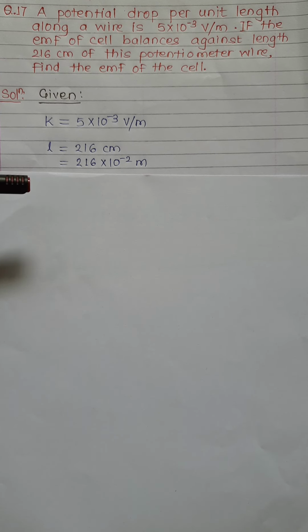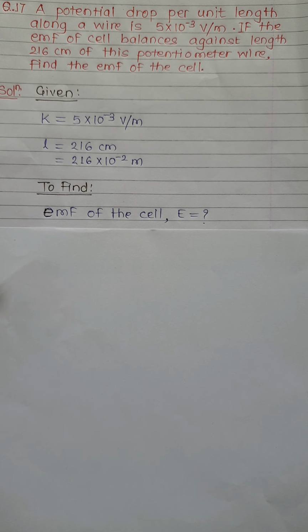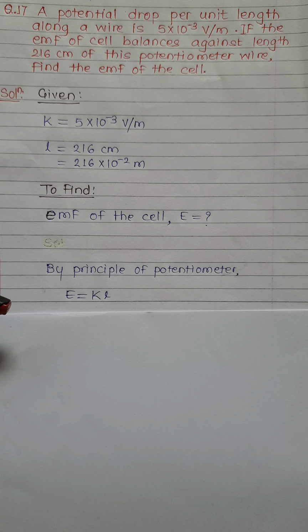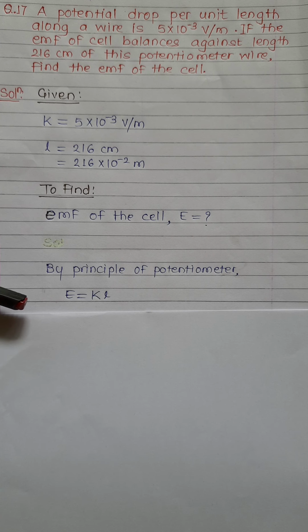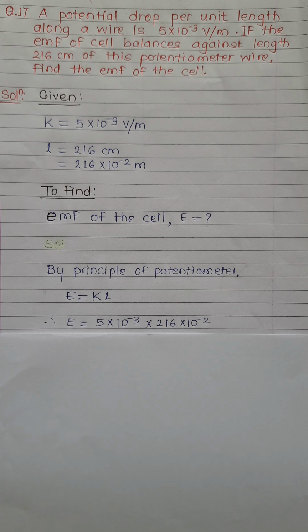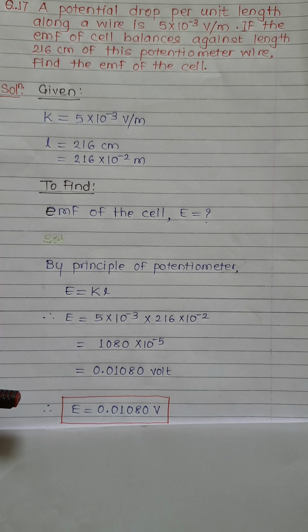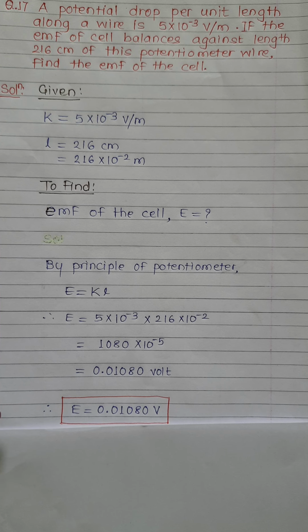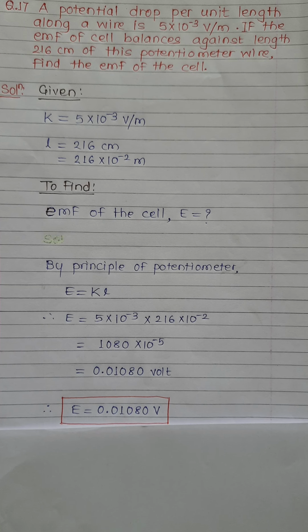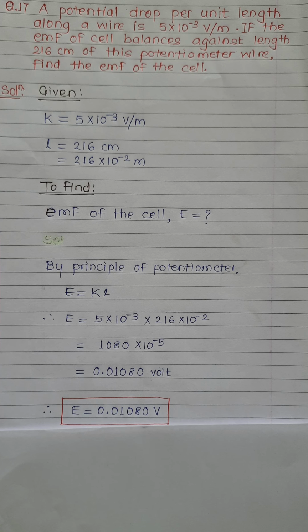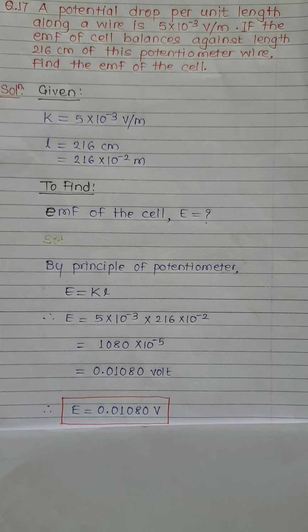Convert it into meter. To find the EMF of the cell, E. By the principle of potentiometer we get the formula E is equal to KL, where K is the potential gradient. Now substitute values. Answer, EMF of the cell is 0.01080 volt. Very simple question, can be asked for 1 or 2 marks.